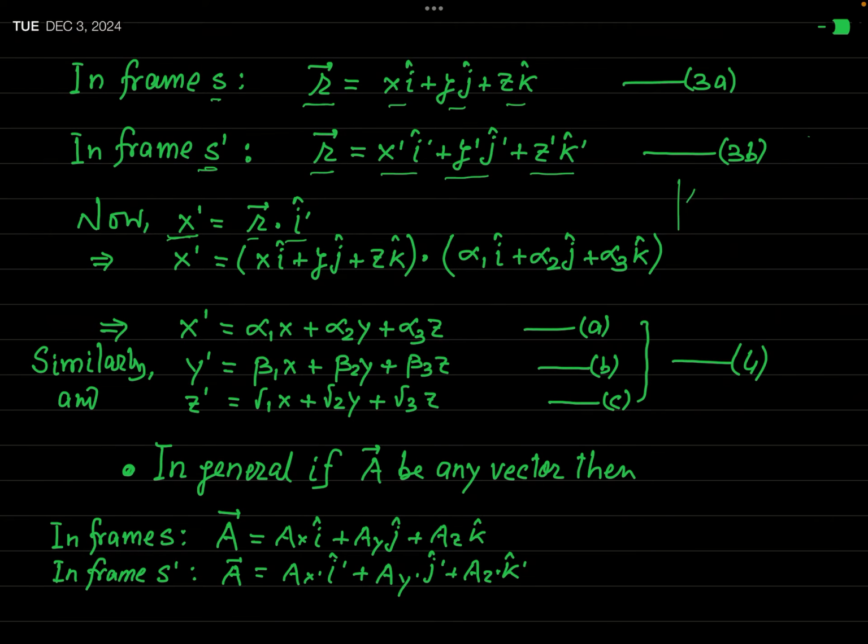If you actually evaluate R dot i prime, what will be the result? You can see R is equal to this much, and you have to take a scalar product with i prime.